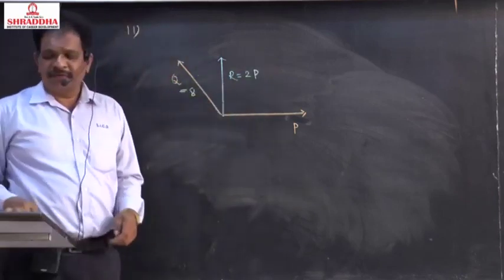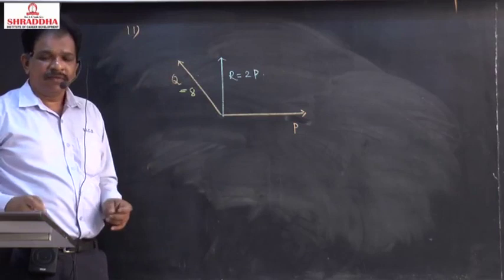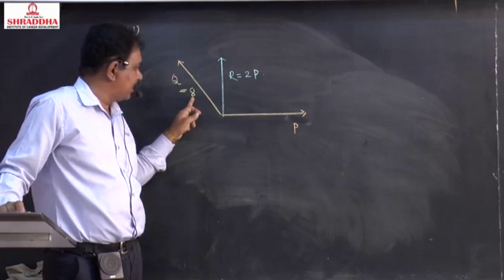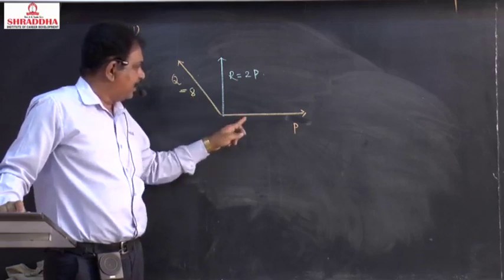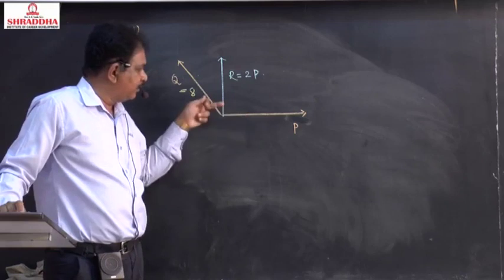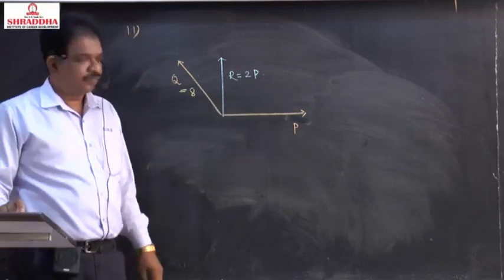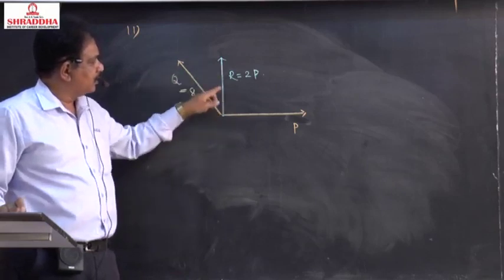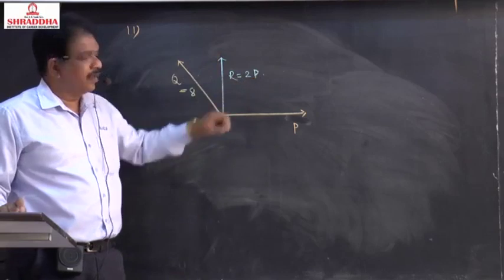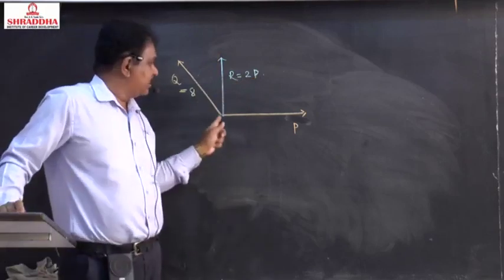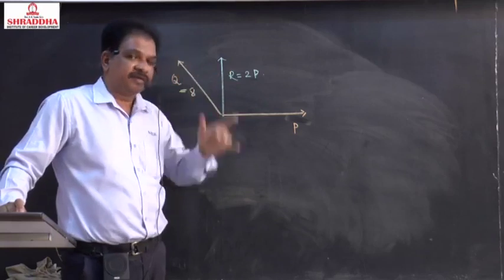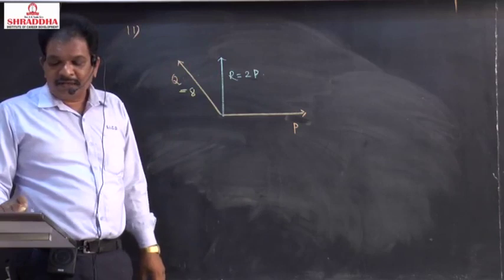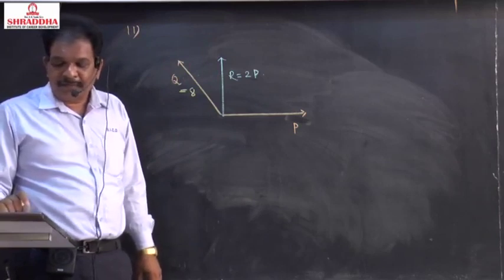Everything we mentioned, we put in the diagram. So vector q bar is there, its magnitude is 8. It is added to the vector p bar which is along the x-axis. The resultant of these two is r, which has the magnitude of 2p and which is exactly along the y-axis. Then what they are asking is the magnitude of p bar.